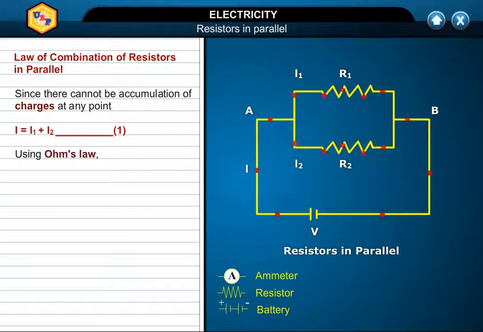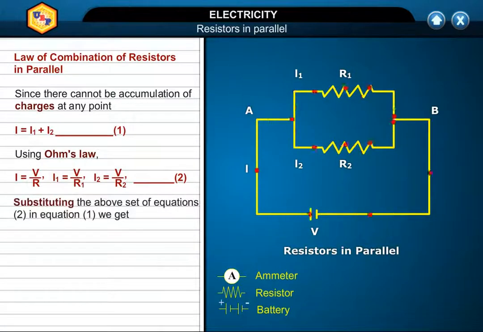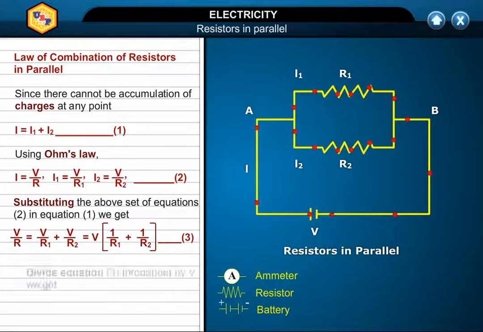Using Ohm's law, I is equal to V upon R, I1 is equal to V upon R1, I2 is equal to V upon R2. This is equation 2. Substituting the values of equation 2 in equation 1, we get V upon R is equal to V upon R1 plus V upon R2, that is equal to V (1 upon R1 plus 1 upon R2). This is equation 3.